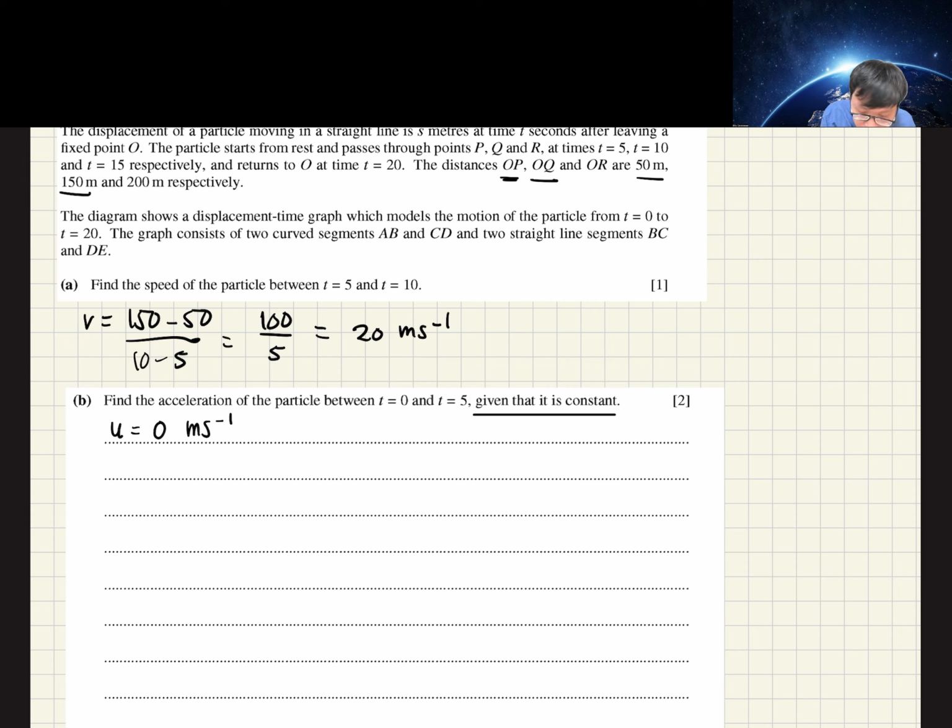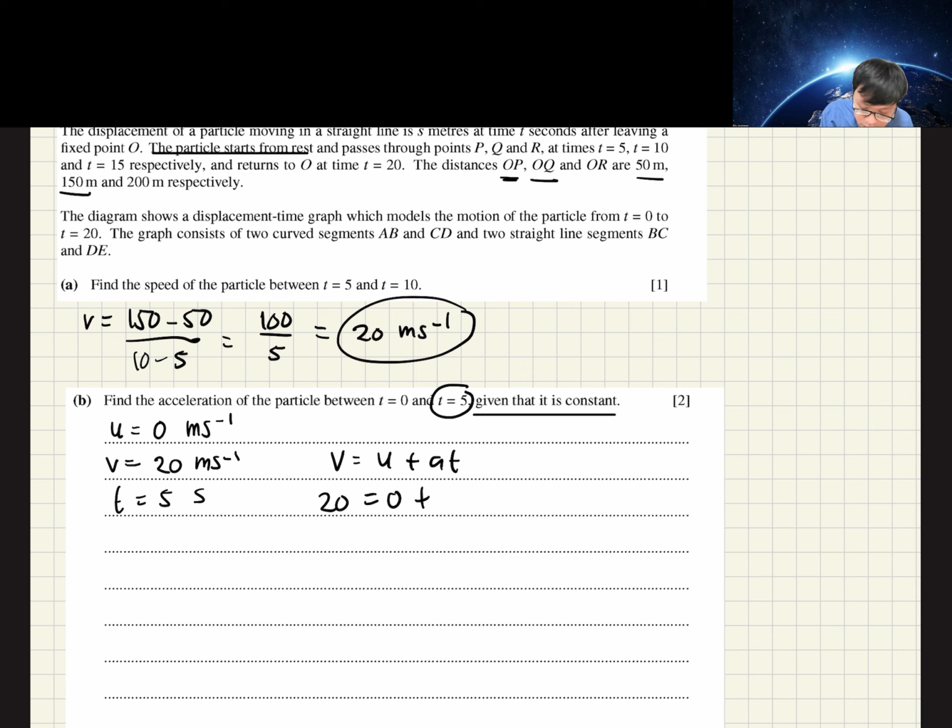And then when it is 5 seconds, the speed is 20 meter per second. The time interval is 5 seconds. So to find acceleration, just use SUVAT. v equals u plus at. So 20 equals 0 plus 5a. So you get a is 4 meter per second squared. So that's the acceleration.